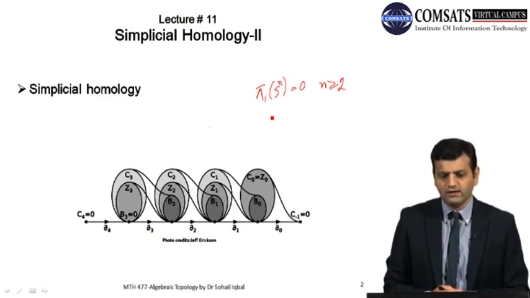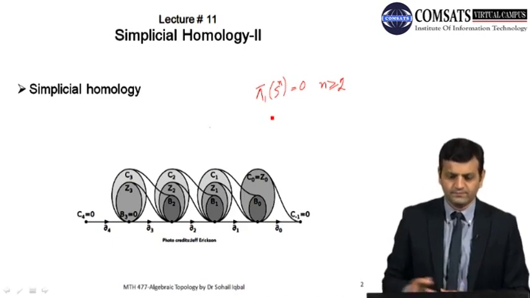In general, we calculate homology for general objects, and we will see that in future lectures, but the point is we are trying to see the calculations of homology for these simple objects called simplicial complexes, so we will be calculating the simplicial homology. Simplicial homology is relatively simple to calculate, and that's why it has very real life applications, for example in image analysis, in data analysis and other areas of science.